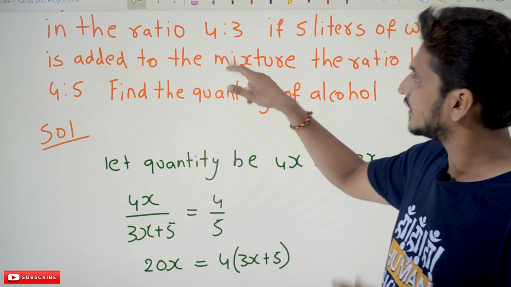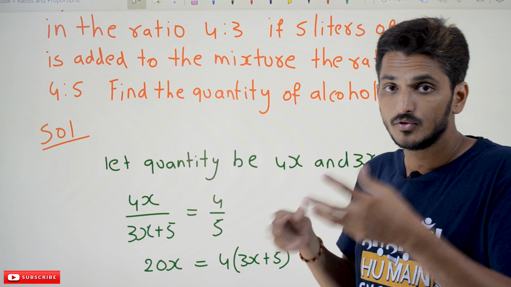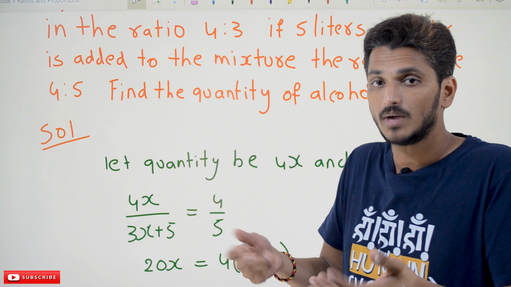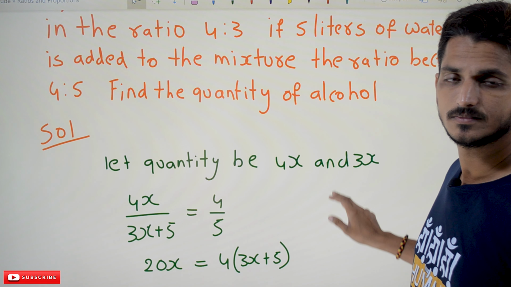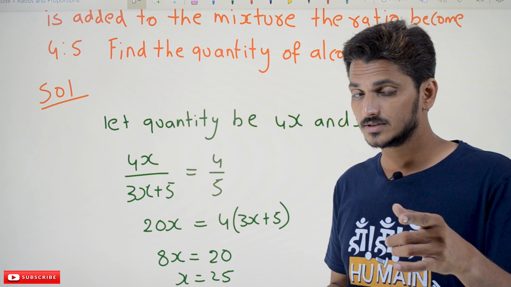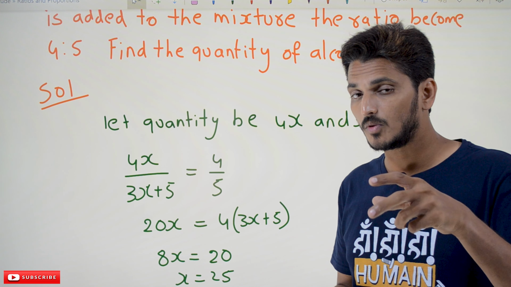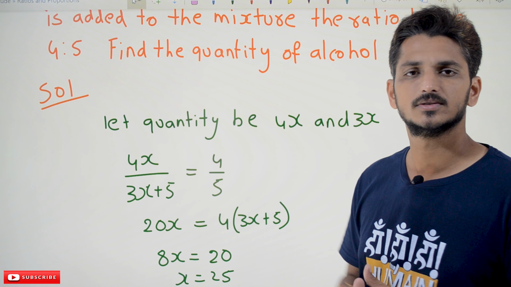See, from the previous knowledge, 4:3 ratio, if you want to identify the actual quantity, multiply with some number. So let quantity be 4x and 3x. Okay, and in our previous classes we clearly discussed that ratio can be expressed in the form of fractions, 4x by 3x.